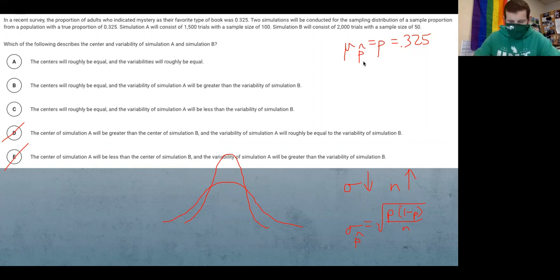So bottom line, if simulation A has a 100 sample size and simulation B has a 50 sample size, A is going to have a smaller standard deviation. So let me just write it this way: standard deviation for A is going to be less than the standard deviation for B. And therefore, the variability of simulation A will be greater? No. Variability for A will be less. Yes, there's our answer.